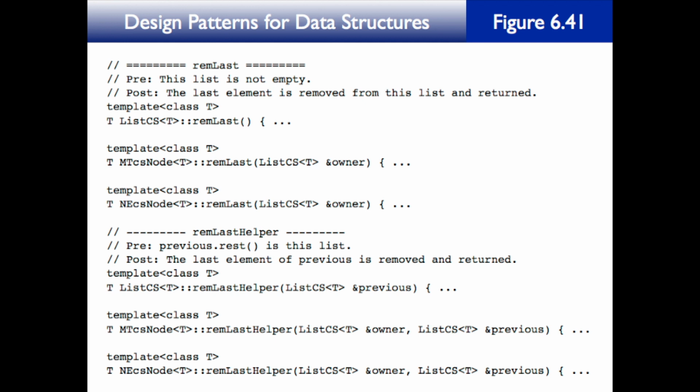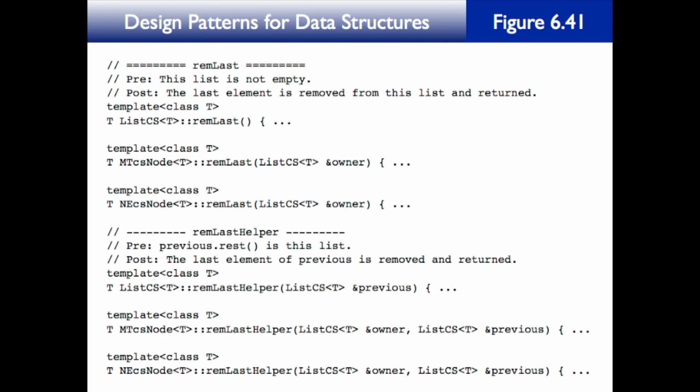So you see here, the remLastHelper for the list that returns type T gets a parameter named previous. Okay, so there's one parameter. But now it's a little bit more complicated. For the nodes, both the empty and the non-empty node, they have two parameters.